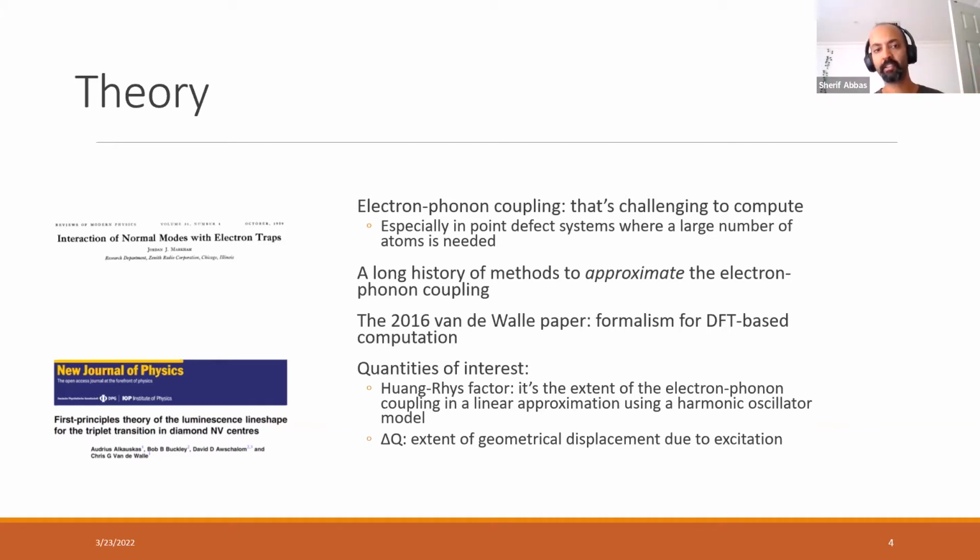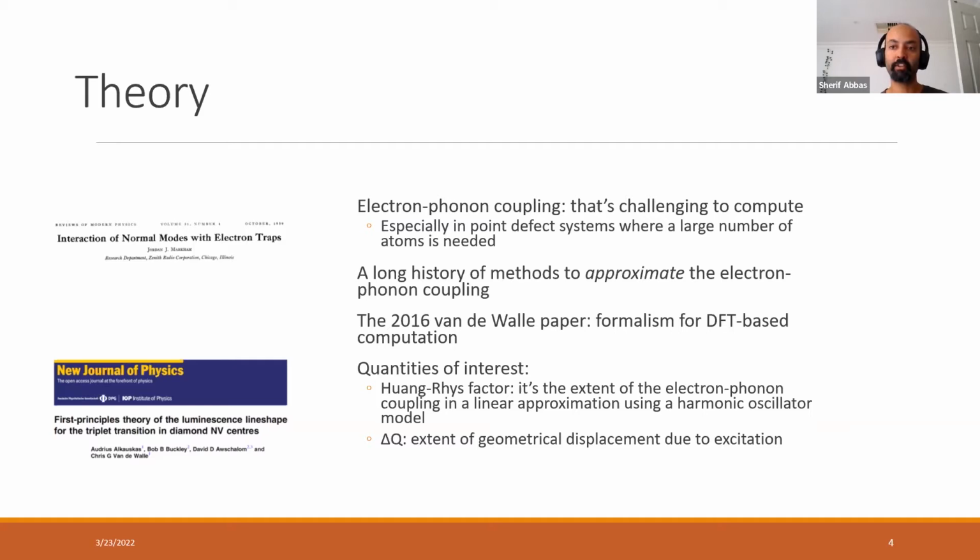So remember, first I said a defect absorbs light, it moves to the excited state. This geometric change is accompanied with electron-phonon coupling. So the electronic states in that material during this transition from ground to excited interact with the phonons of the material. And this interaction can be expressed in many different ways.